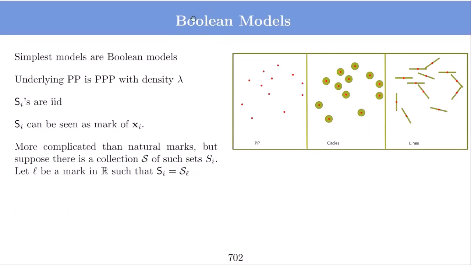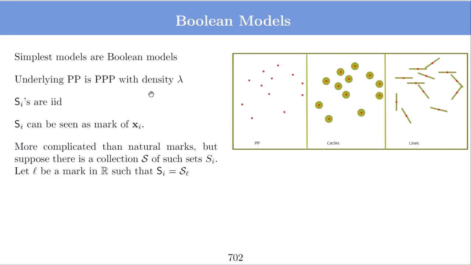An interesting category of germ-grain model is Boolean models. They are also the simplest one. A Boolean model is a germ-grain model where the underlying germ point process is a Poisson point process with density lambda. The germ-grain model is more general, as there can be any point process and any random collection of subsets.